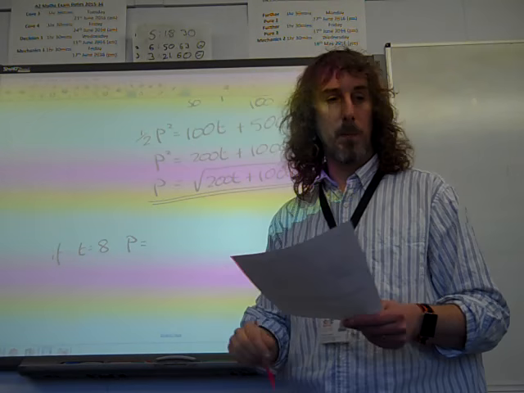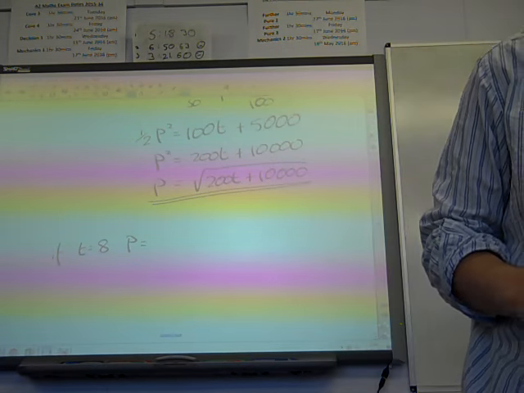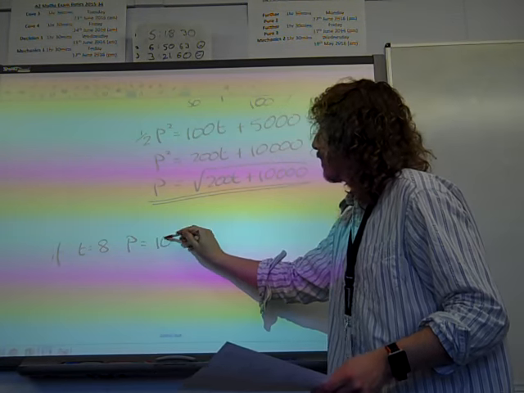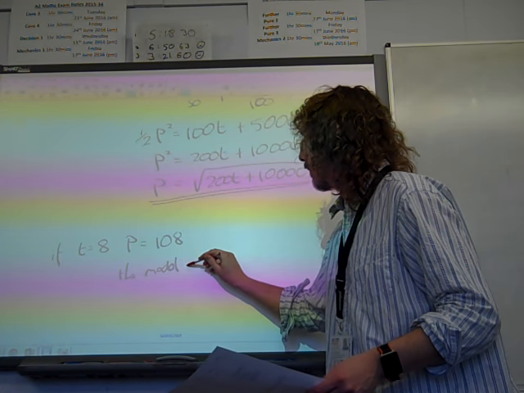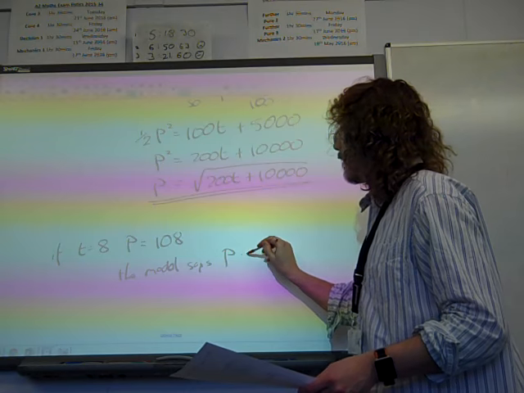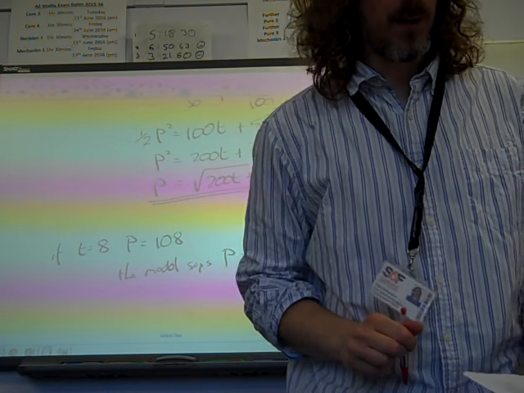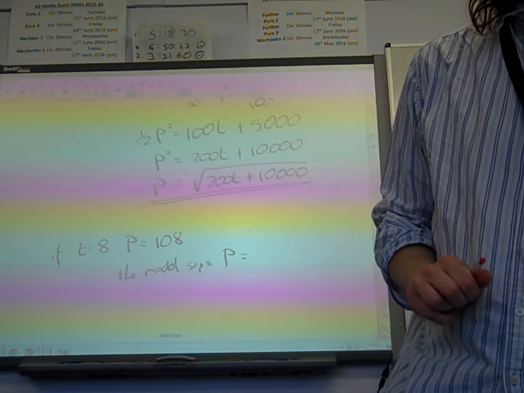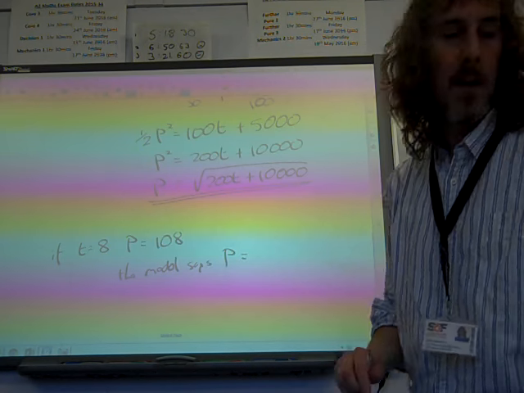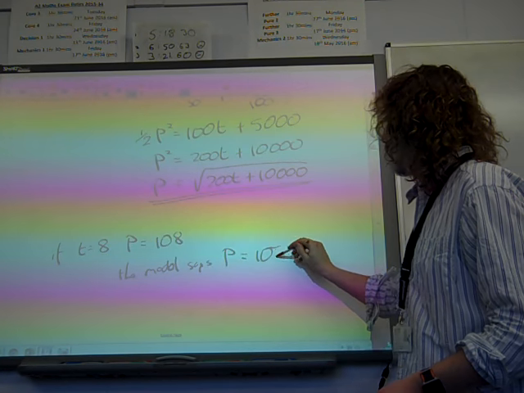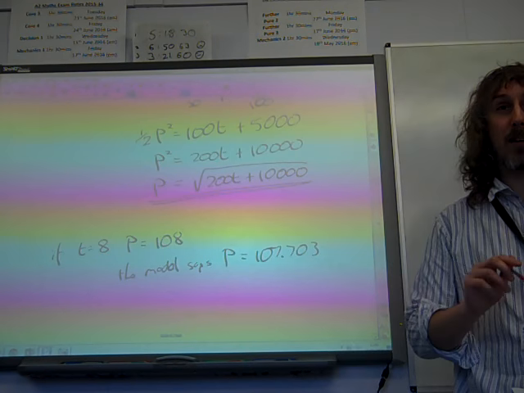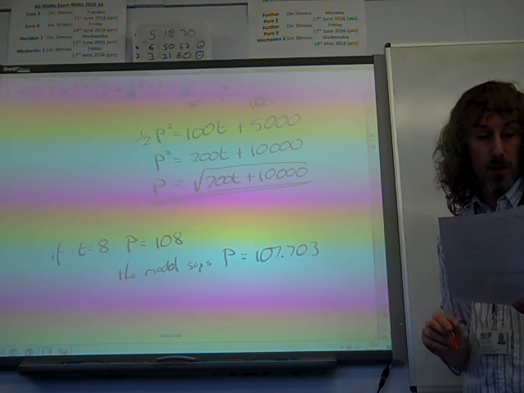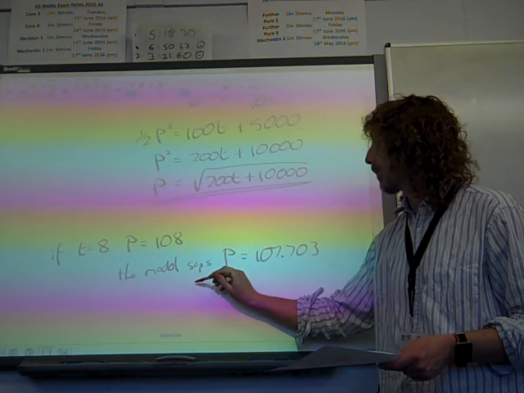The actual value is 108, and our model says that p equals, well, if you sub in that value into there, 200 times 8 plus 10,000 square rooted is 107.703. And I would say that that is pretty accurate. So at that point, we're going to say it's a good fit.